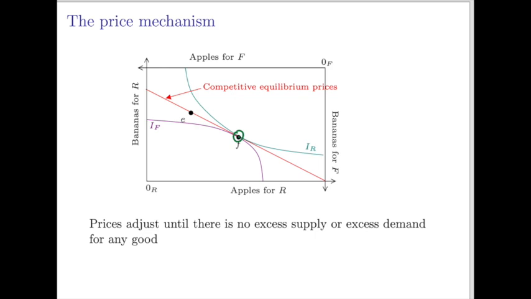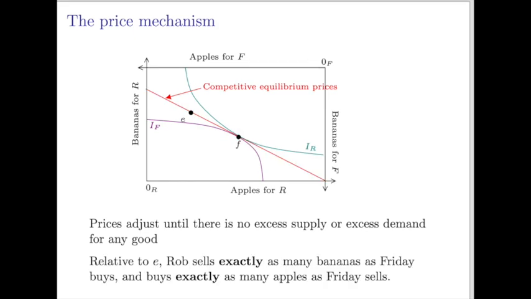And then we call the prices that give us this budget line competitive equilibrium prices. So what's going on here is that relative to the starting point E, Rob is selling exactly as many bananas as Friday buys.